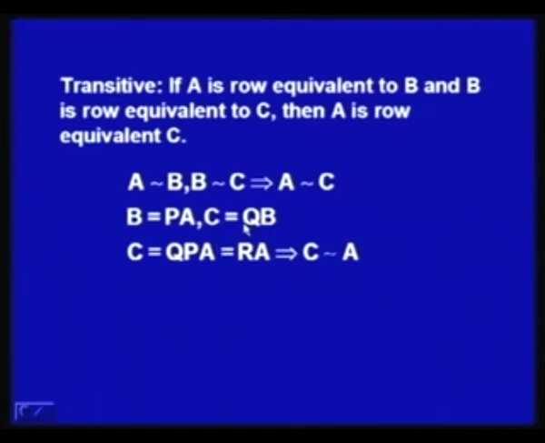Now, if I write B is equal to PA from here, then C is equal to QP into A. What is QP? QP is a product of elementary matrices, and P is also a product of elementary matrices. So, QP is another matrix, R. So, C is equal to RA. That simply means that C is equivalent to A.